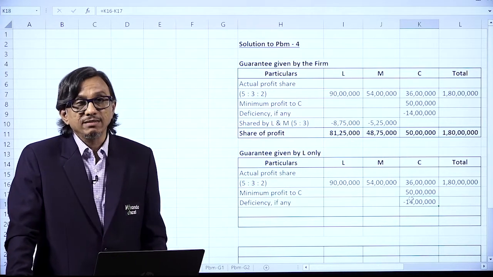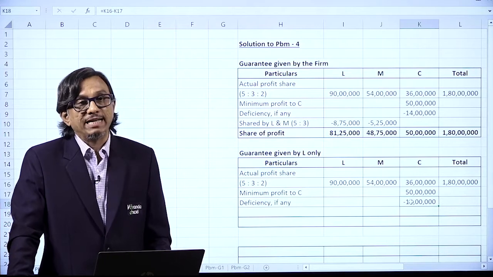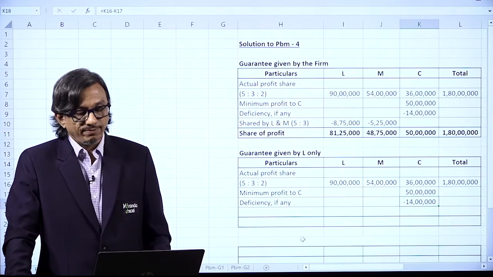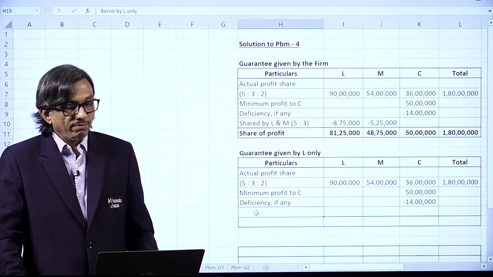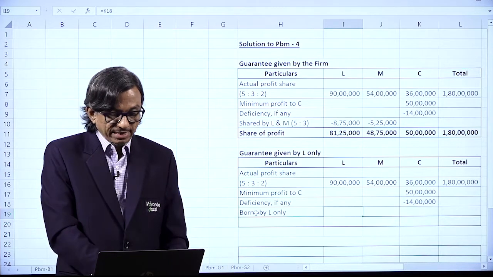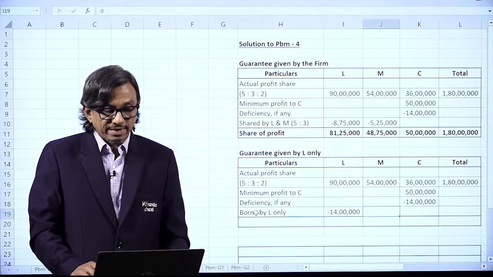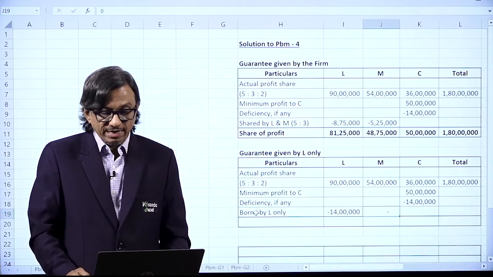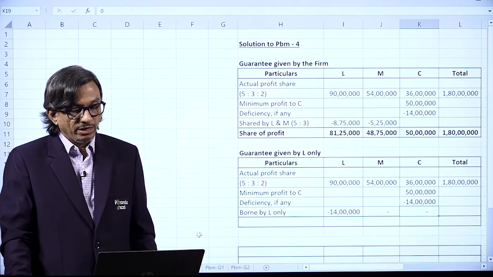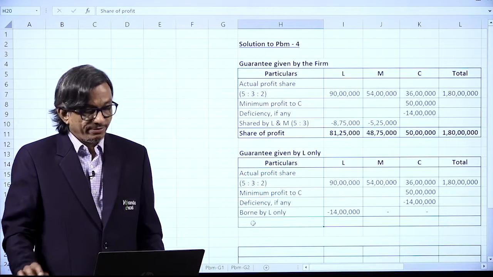That means the entire 14 lakhs will be taken from L's share of profit and given to C. So therefore, borne by L only. The entire 14 lakhs is deducted from L's share. M will not bear any share, and now you can find out the share of profit.